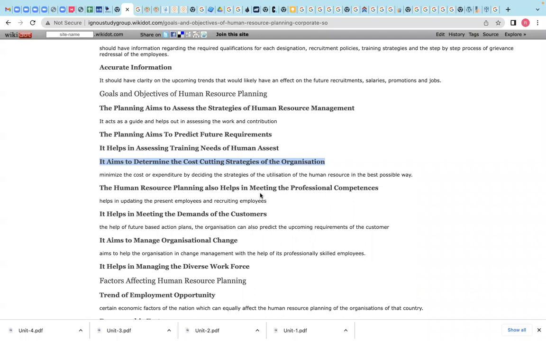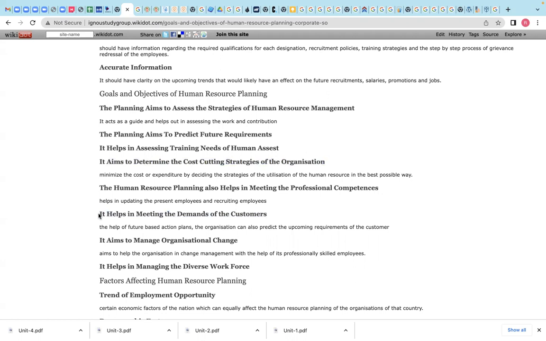Next is helping people to meet their professional competencies. First of all, you need to use the right people in the right place. Also, you should update the present employees with the new skills that are required.